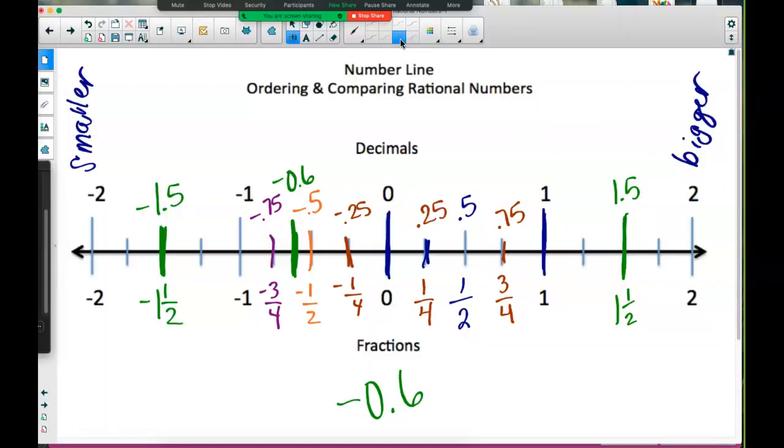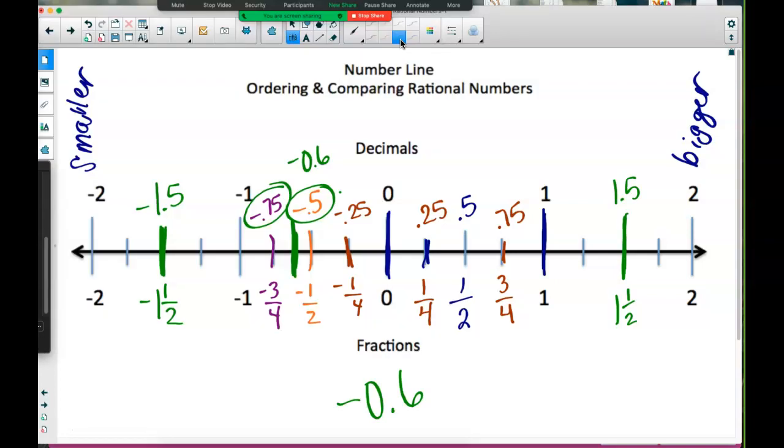Those of you at home, you can type it in the chat. Which is bigger, negative 0.5 or negative 0.75? This one here or this one here? What's the bigger number? I'm seeing a few people put in negative 0.5.